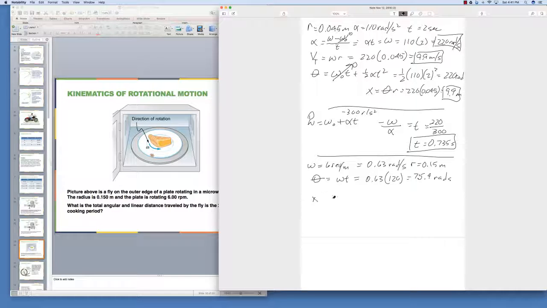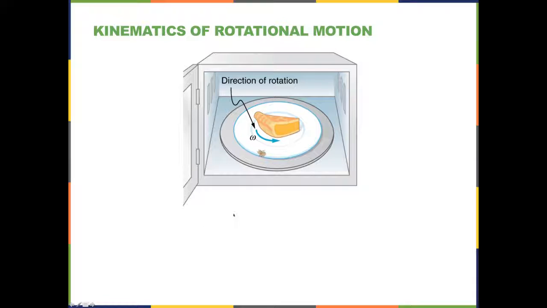The linear displacement is equal to the angular displacement multiplied by the radius. So that's going to be 75.4 times 0.15, which is equal to 11.3 meters. So the little fella travels 11.3 meters.